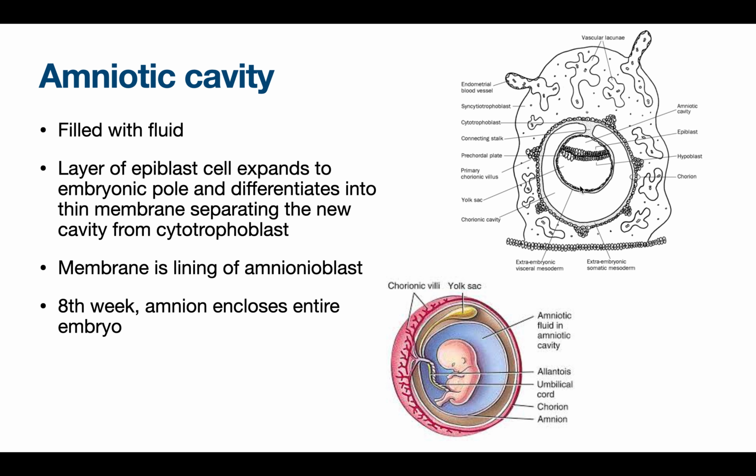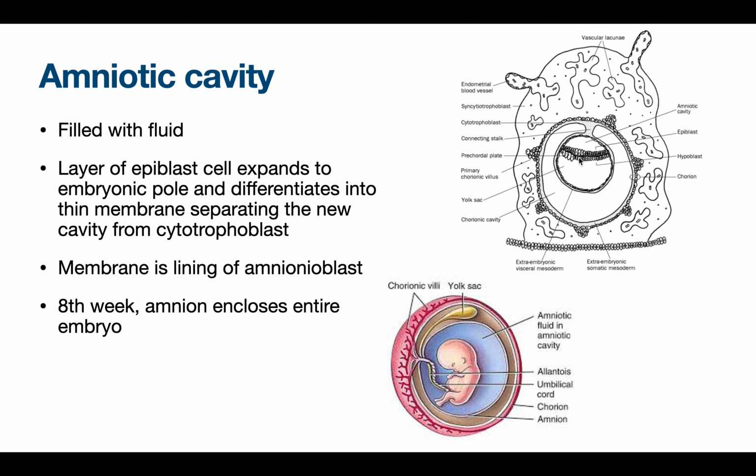Here is the extraembryonic visceral membrane, and then from here, this is the somatic mesoderm. Right here is your hypoblast, epiblast, amniotic cavity, and of course that will expand. See, it will expand outwards, and here is going to be our yolk sac.